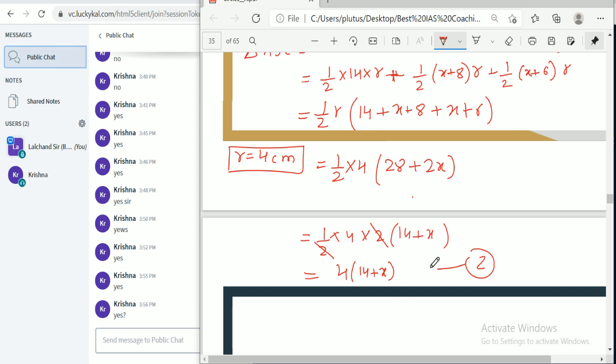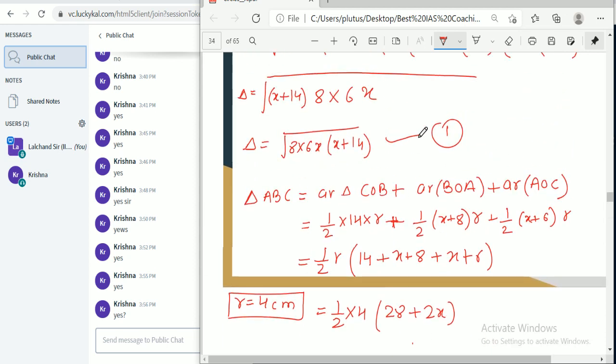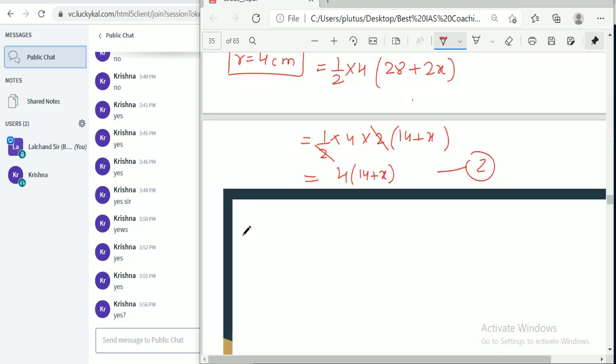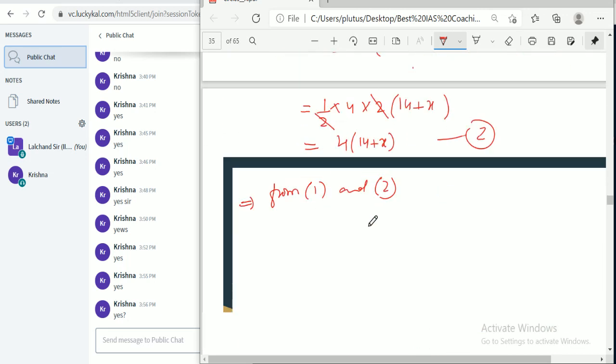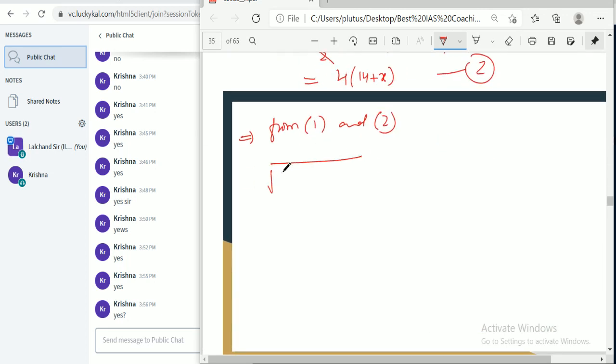So if we equate these two areas from equation 1 and 2, we can say square root of 8 into 6 into x plus 14 should be equal to 4 into 14 plus x.